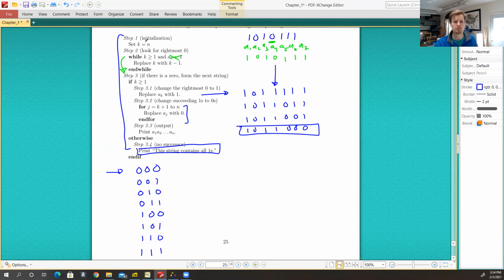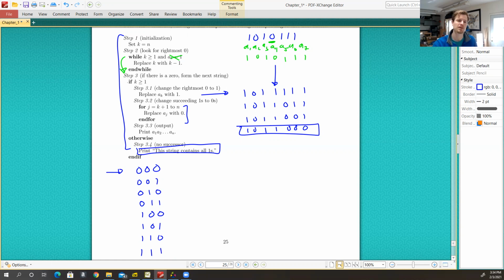If we were to put in a string of all 1s, while k is greater than 1 and a sub k is equal to 1, we want to replace k with k minus 1. But all of them are equal to 1, so we subtract 1 n times, n minus n, right? We would get to 0. So k is equal to 0 if it were all 1s. If k is greater than or equal to 1, well, it's not. k is equal to 0.